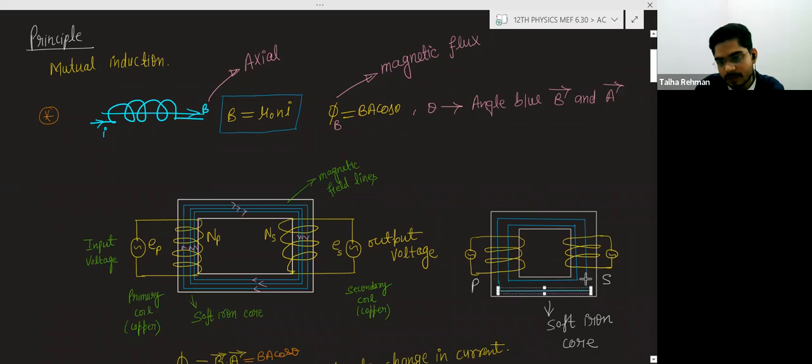Now I think you will get how I have made this structure.